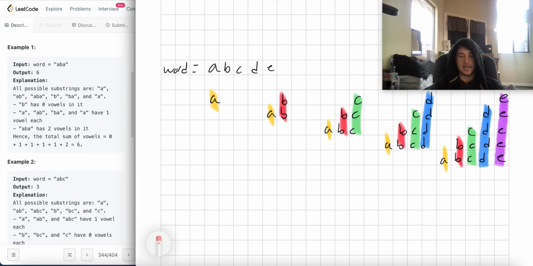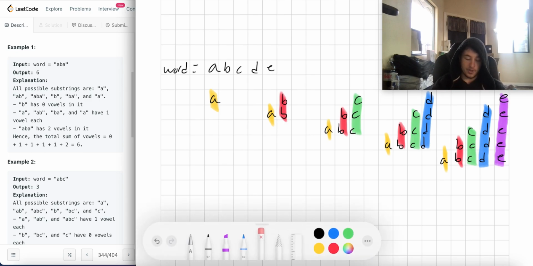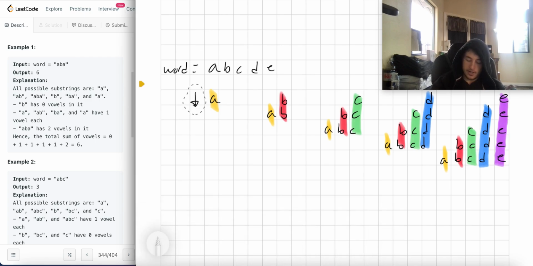So it looks like for any letter, if it's a vowel, there's a clear formula. A is height 1. You'll notice that A in all of its locations is 1 down, 1 down, 1 down, 1 down. But it's in every row, so it has width 5.